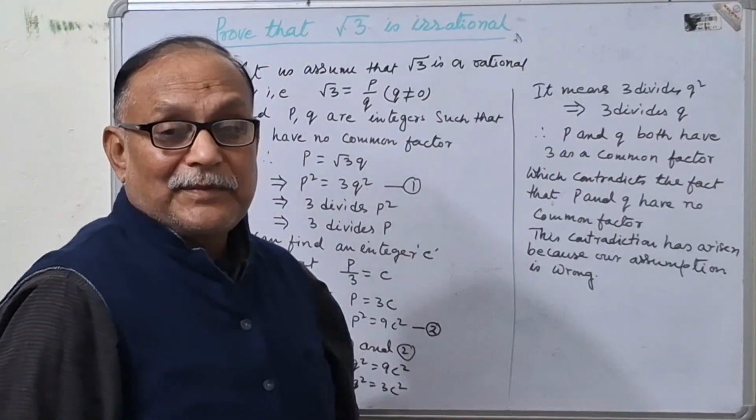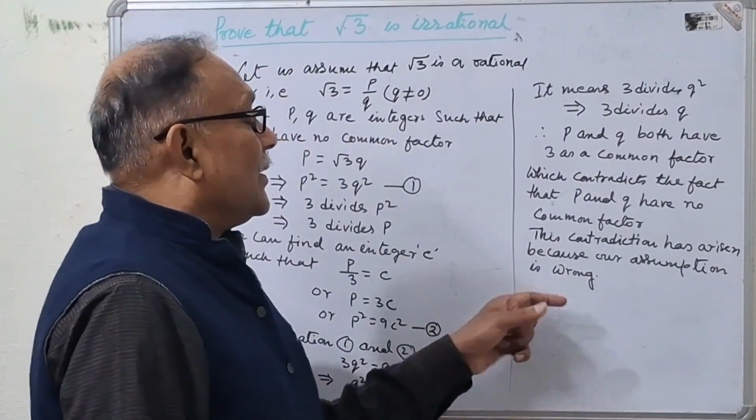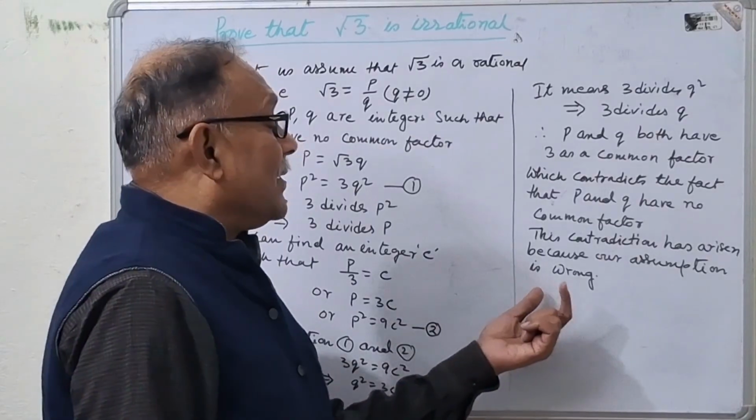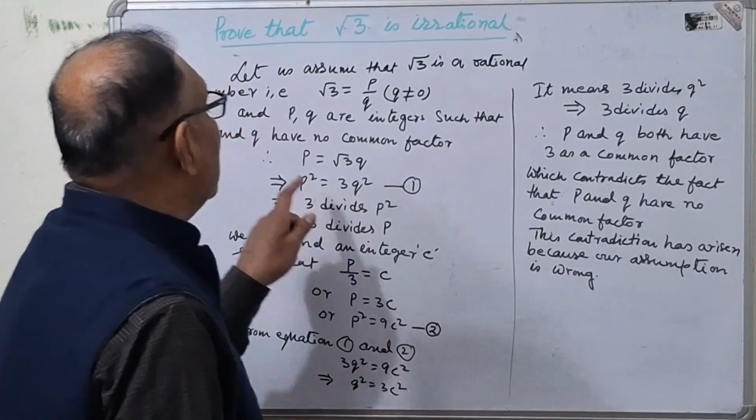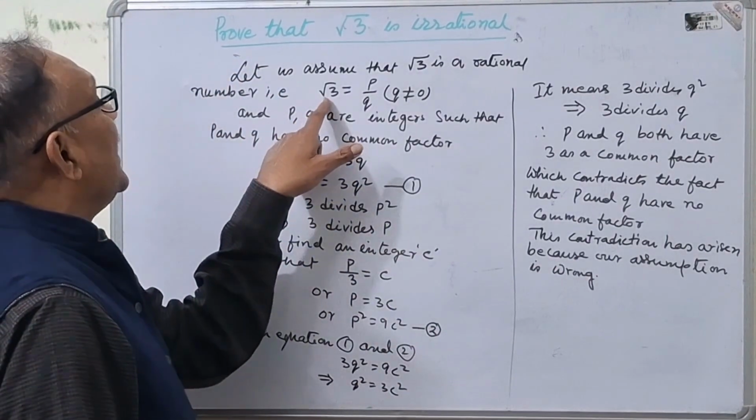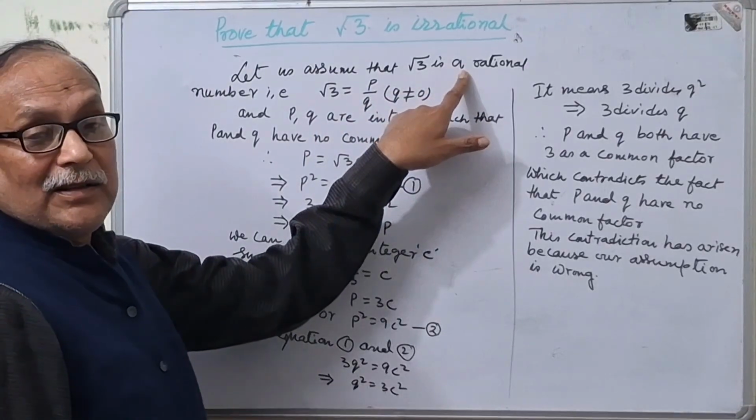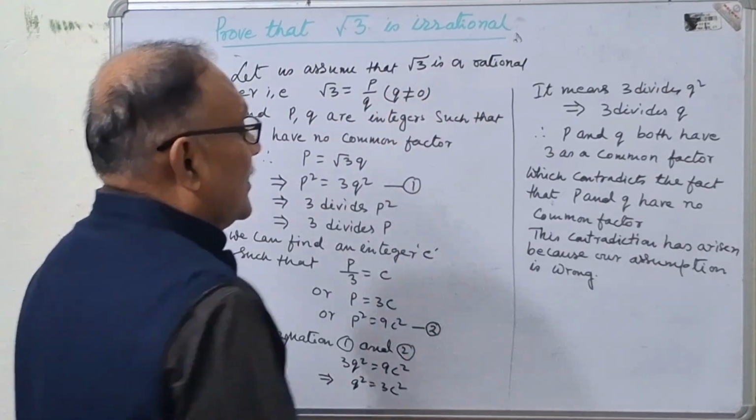So finally, our assumption that root 3 is a rational number is wrong.